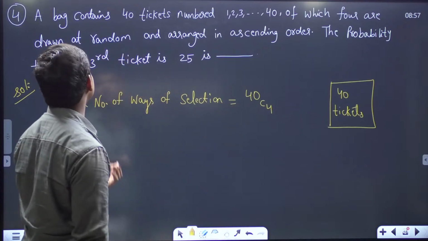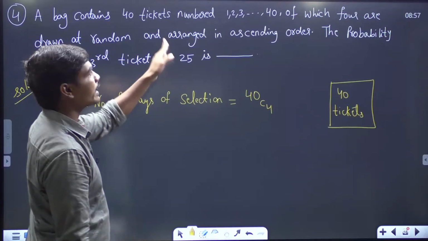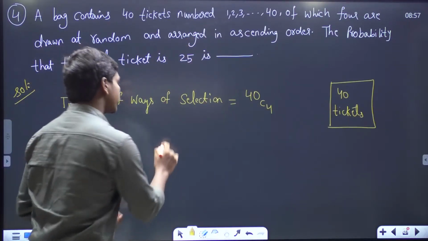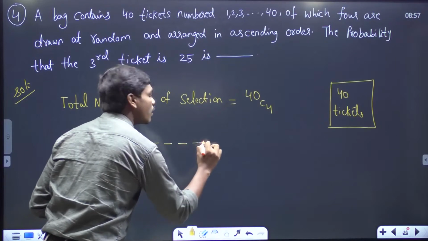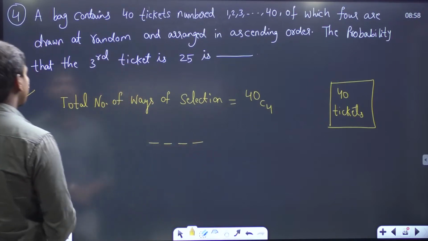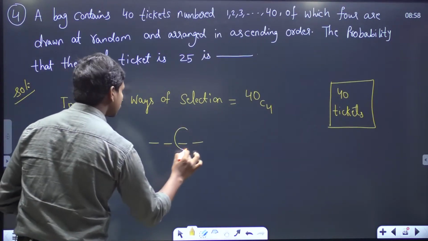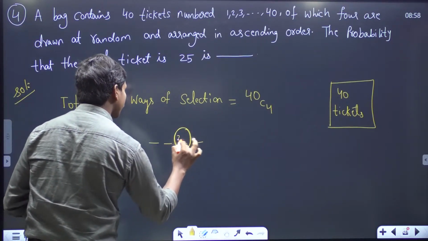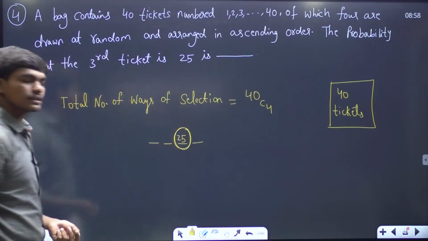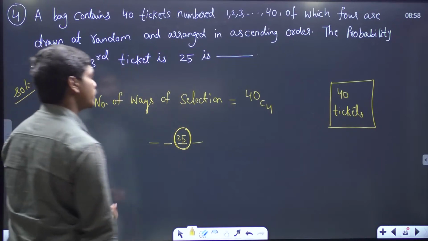Now let us come to the event: of which 4 are drawn at random and arranged in ascending order. The probability that the third ticket is 25. Means this third ticket has to be 25. Correct? So now see carefully.